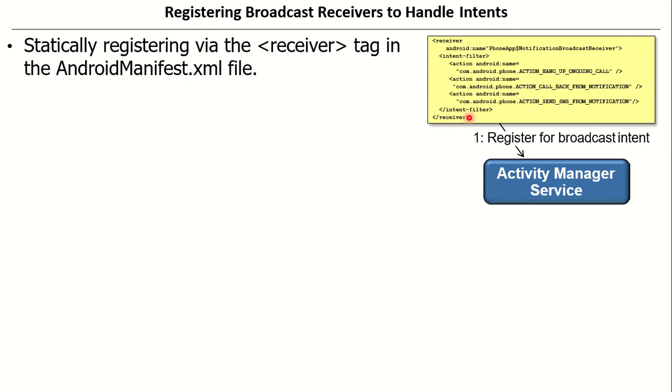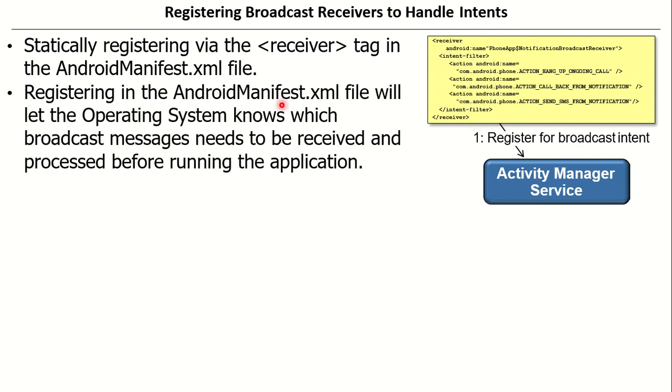Inside this receiver tag, you will define an intent filter, which means that whenever an intent of, let's say, hang up on an incoming call or a callback from the notification center comes, then that intent is meant for this app, this receiver.